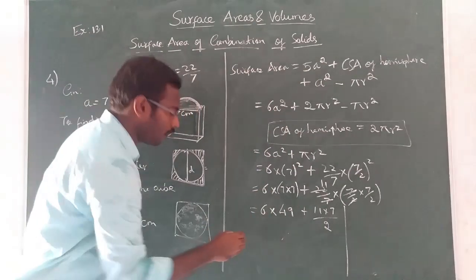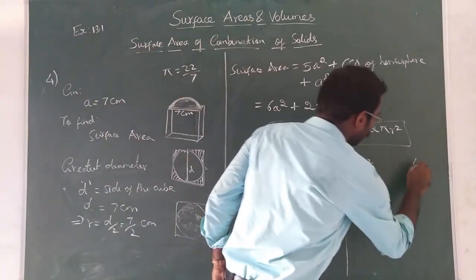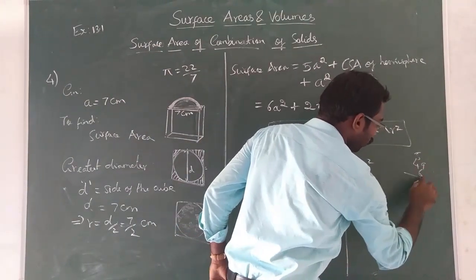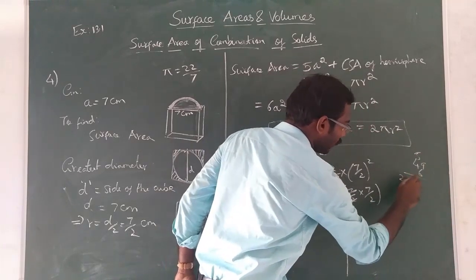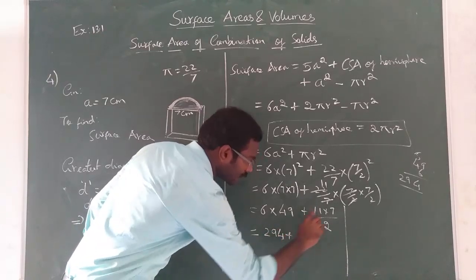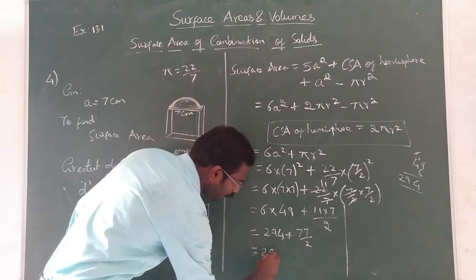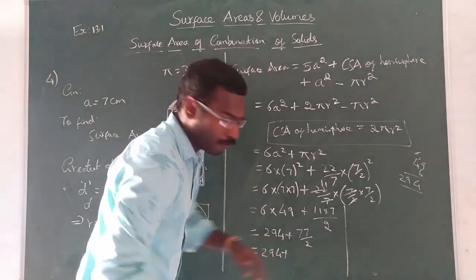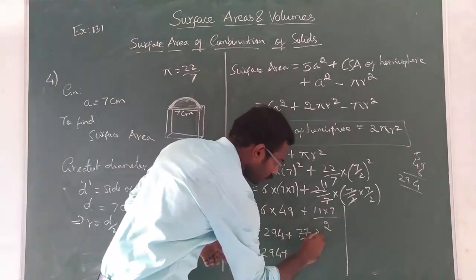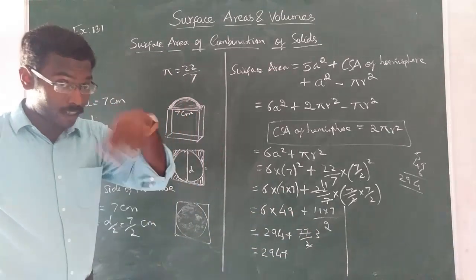Okay. So now what we have? 6 into 49. What is 49 into 6? 6 9s are 54, write 4 carry 5. 6 4s are 24, 24 plus 5, 29. So 294 plus 7 into 11, 77 by 2. That is equal to 294 plus 77 divided by 2. So 77 by 2, 7 how many times 2 is there? 3 times. Remaining 1 is there. So 17, how many times? 8 2s are 16.